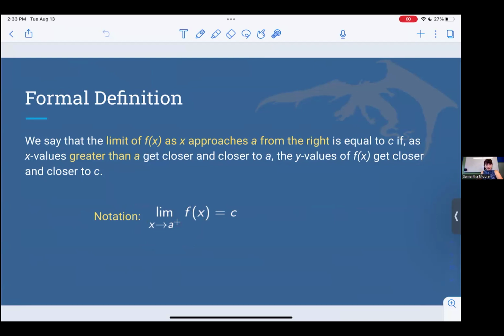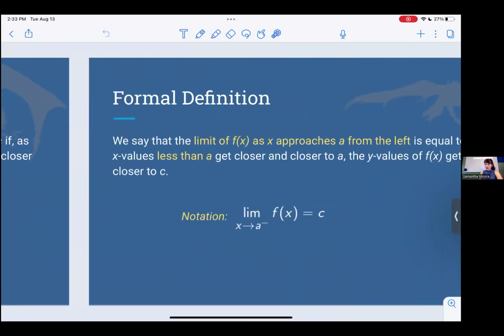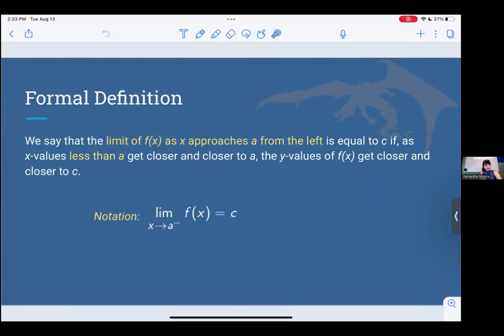And if that limit exists, we would write that the limit as x approaches a from the right of f of x equals c. On the other hand, if we were coming up from the left-hand side, we change our notation to have this little minus sign. So we would write that the limit as x approaches a from the left of f of x is equal to c.